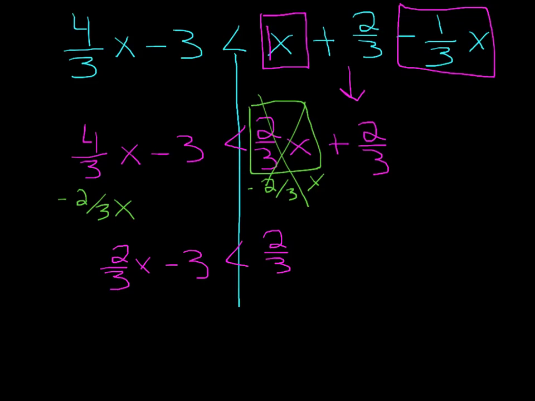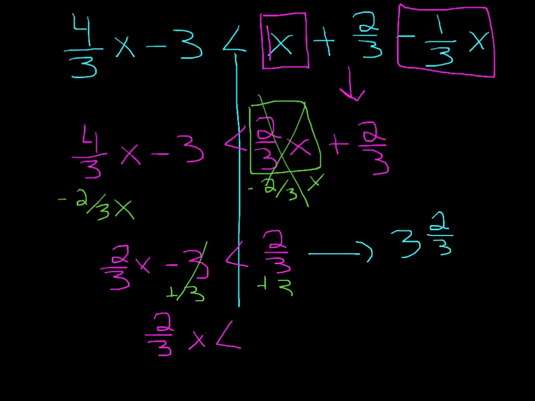Now I need to add 3 to both sides. So 2/3 x is less than, let's look here, 3 2/3 we can just rewrite as an improper fraction. So 3 times 3 is 9, 10, 11, 11/3. So 2/3 x is less than 11/3.